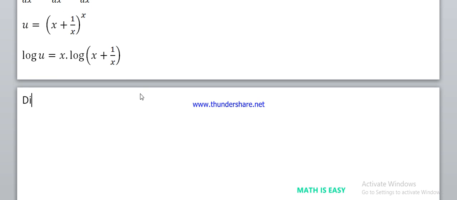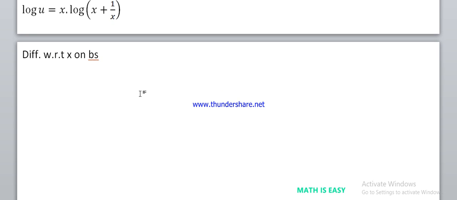Now if I differentiate with respect to x on both the sides, let's see what we get. Log u differentiation is 1 upon u into du upon dx, which is equals to, now this is u and this is v, u into derivative of v. What is the formula?